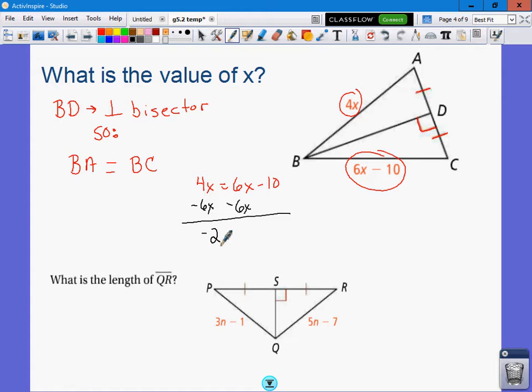I have a negative 2x is equal to a negative 10. And I'm going to divide both sides by a negative 2, and x is going to be equal to 5. Is everybody okay with this first example? Questions?